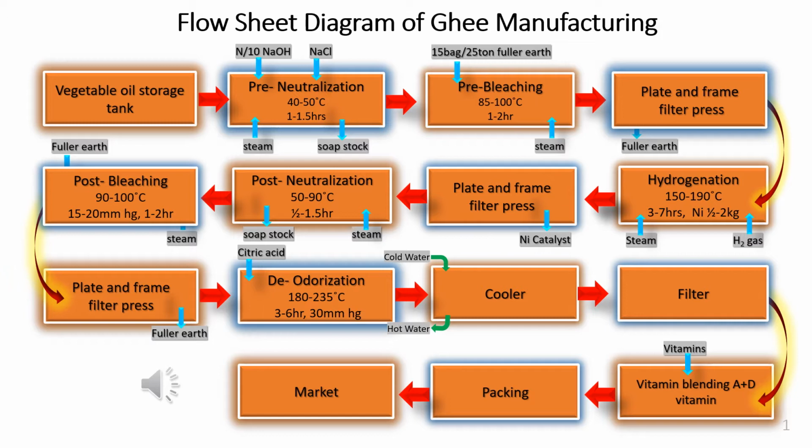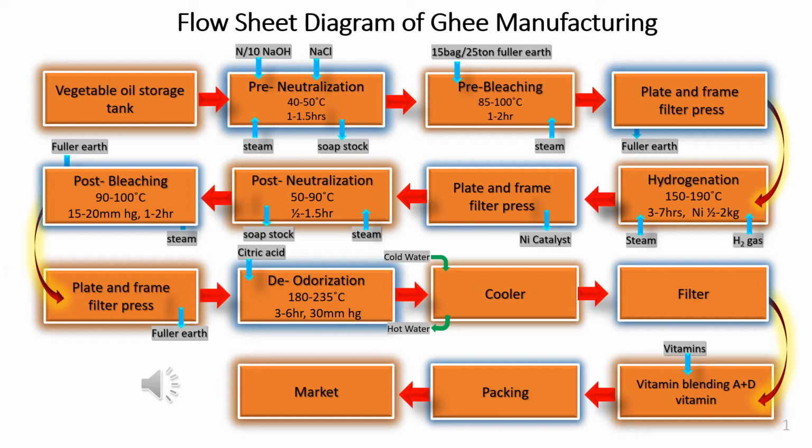After the hydrogenation section, it proceeds to our plate and frame filter press. After that, the oil moves towards the post bleaching section and post neutralization section. After post neutralization and post bleaching, it goes towards the plate and frame filter press.